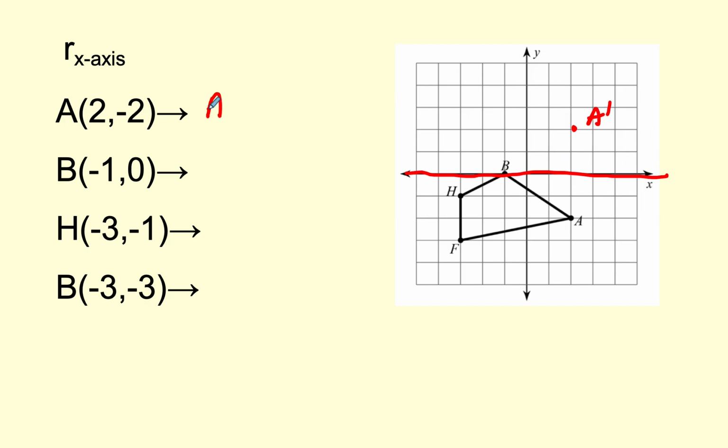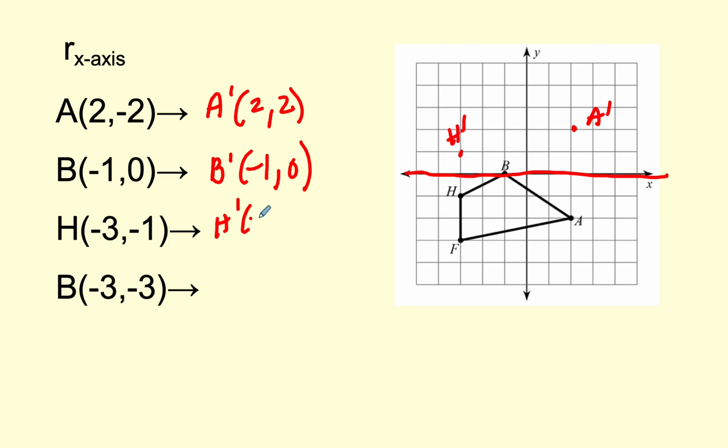That point will be (2, 2). Let's do B. B is on the line of reflection, so it stays the same. H will go 1 unit to the line, 1 unit on the other side, H prime. So H prime will be (-3, 1).